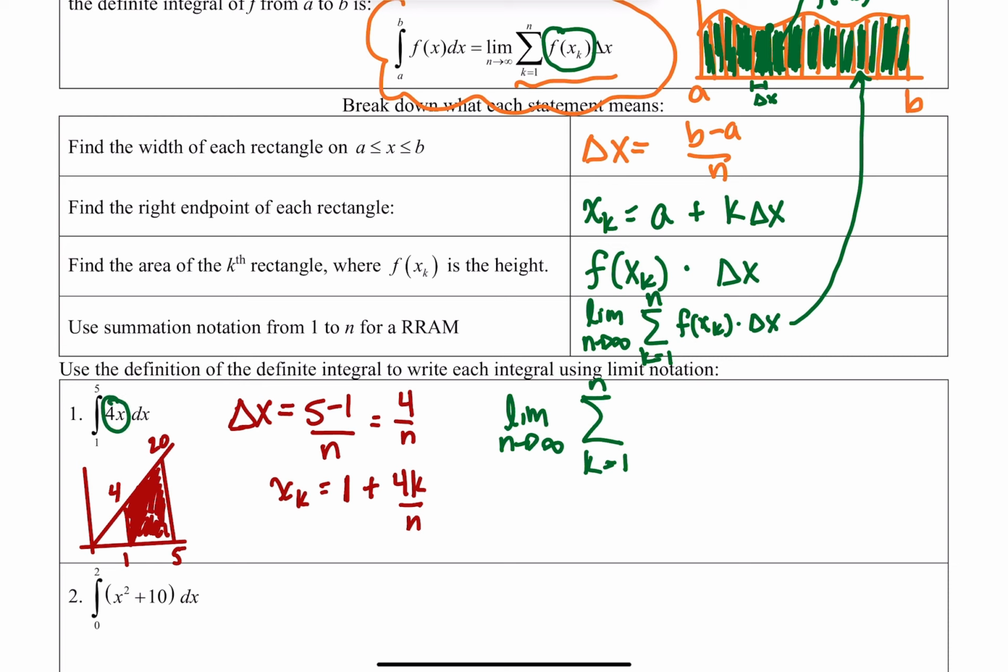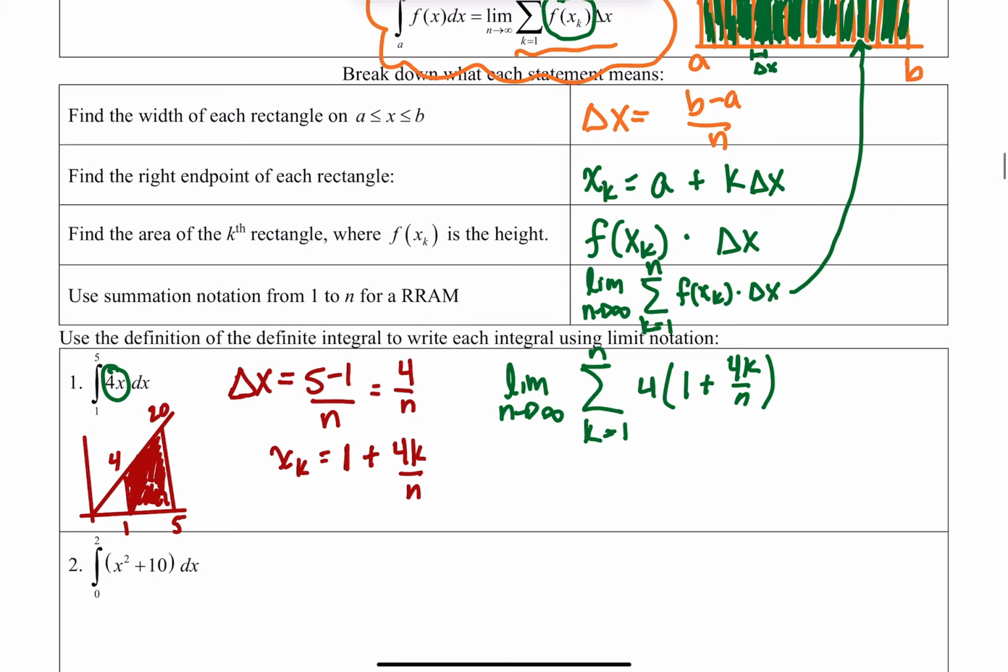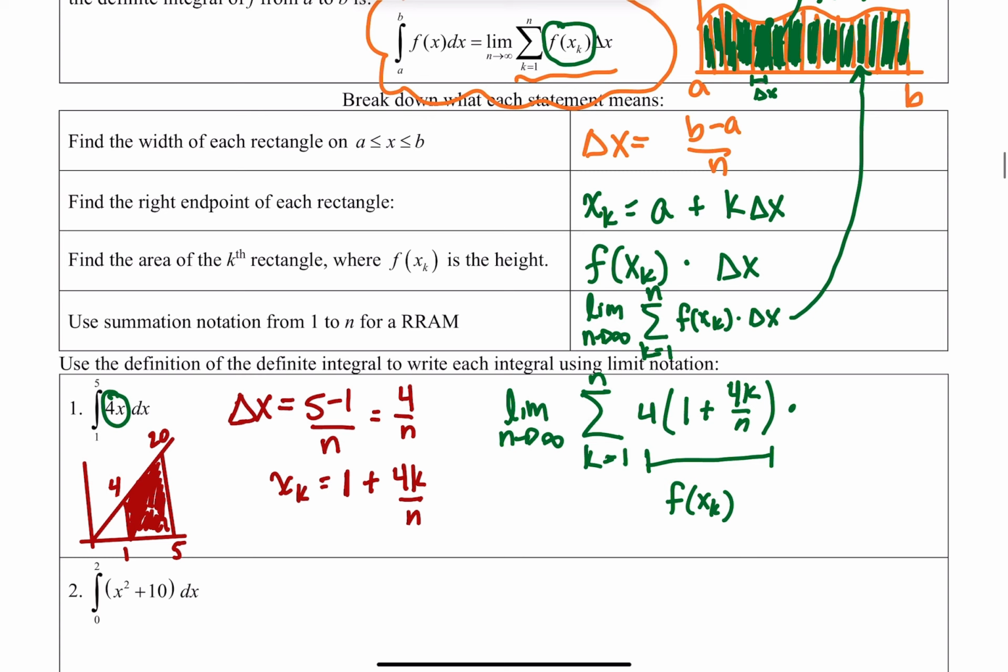So instead of x, I'm going to use what I found with x sub k, and that's going to be 1 plus 4k over n. So substitute x with x sub k. So that's going to be f of x sub k times delta x, aka my width, which is going to be 4 over n of each rectangle.